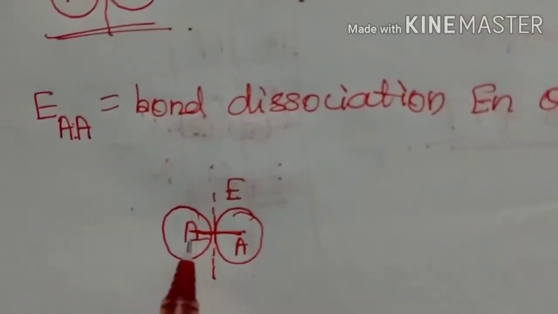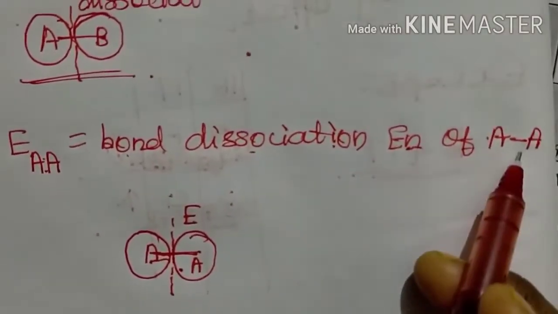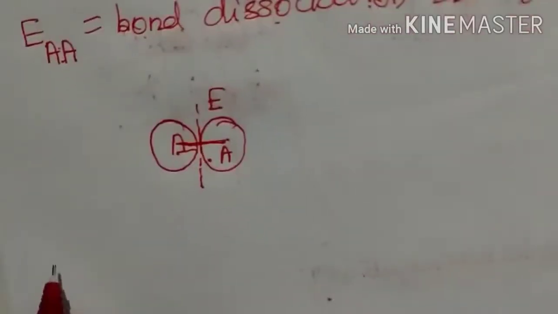This is EAA, the bond dissociation energy of A covalent bond A, or A single bond A.